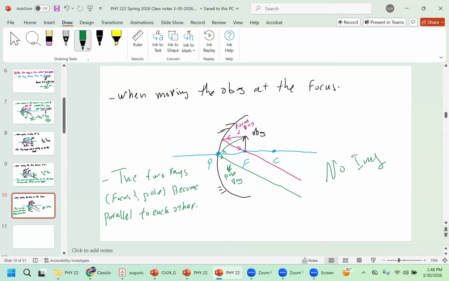That means they will not meet each other.